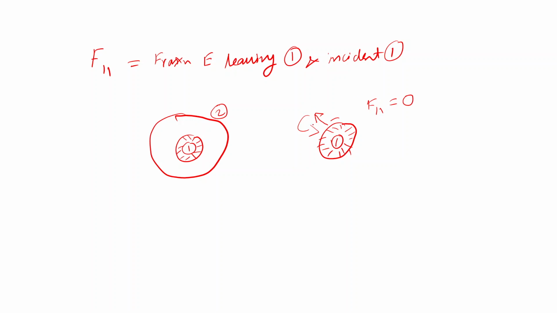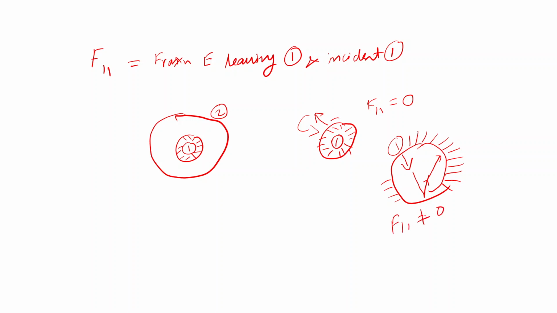But in case of the second, let's say my reflecting surface was the outer one. If my energy is leaving from here, it will come and reflect from its own surface, and it will reach the same surface. So the energy leaving from this surface will reflect back and again be incident on this surface. So if the outer surface has been coated and the inner surface is reflecting, then in this case F11 won't be equal to 0.